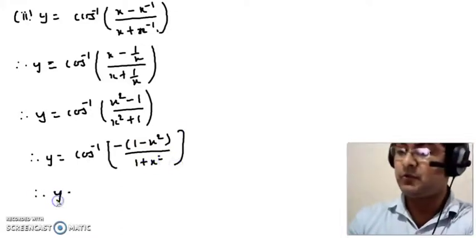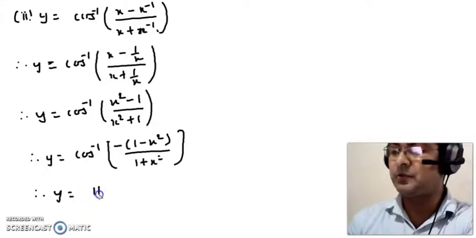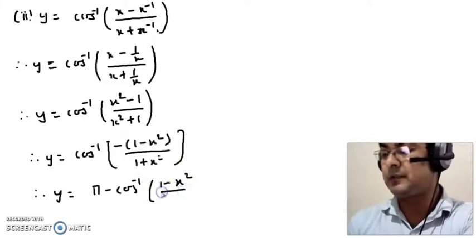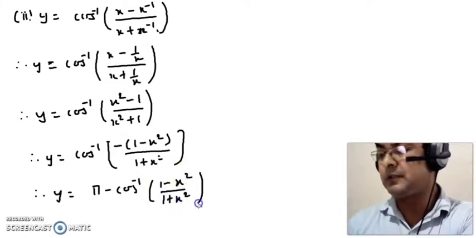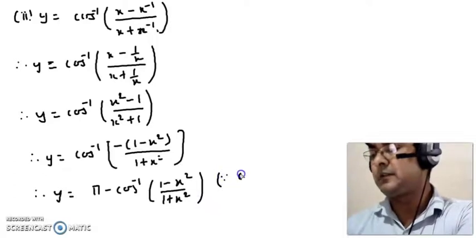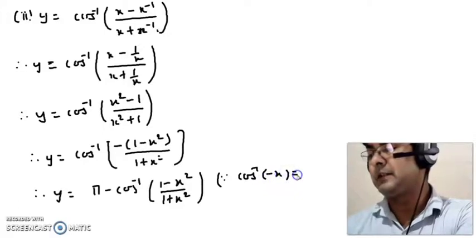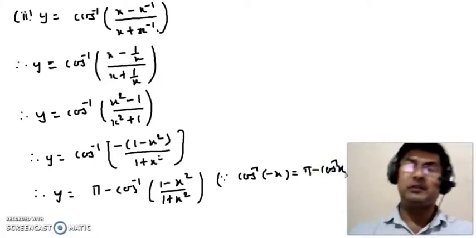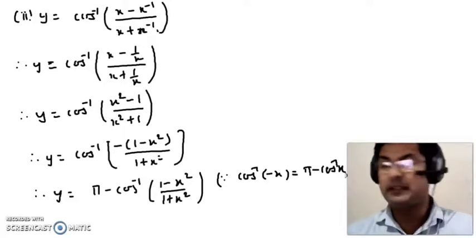Now we know that cos inverse of minus x is equals to pi minus cos inverse x, so cos inverse of minus (1 minus x square) upon (1 plus x square) is equals to pi minus cos inverse (1 minus x square) upon (1 plus x square). Clear? Okay, now here for x we can substitute tan theta, so that we will have a formula.